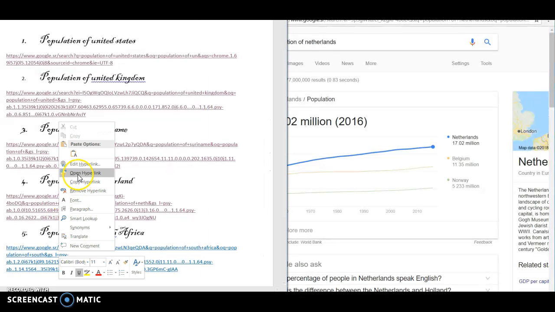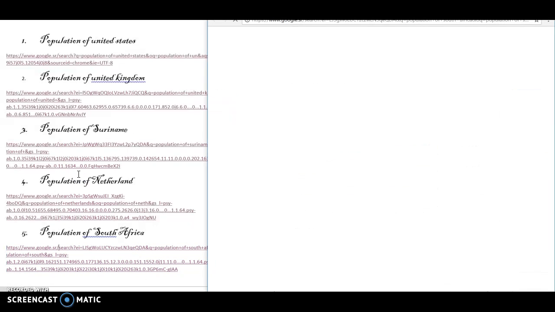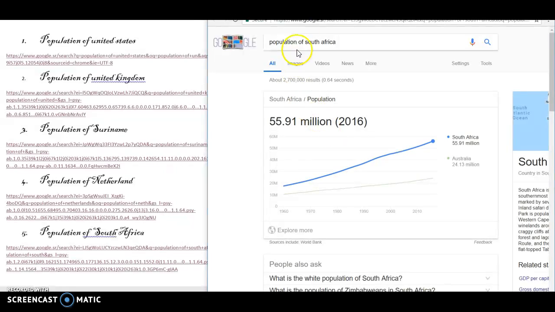We have here the hyperlink of South Africa, and you can see here it grew. Here you can see the change in the growth. Here we began with 7.4 million and we ended in 2016 with 55.91 million. That is the population growth in Africa. I had all the 5 countries.